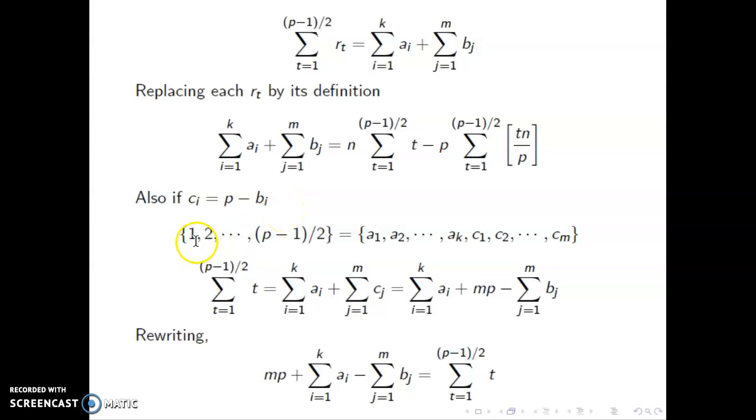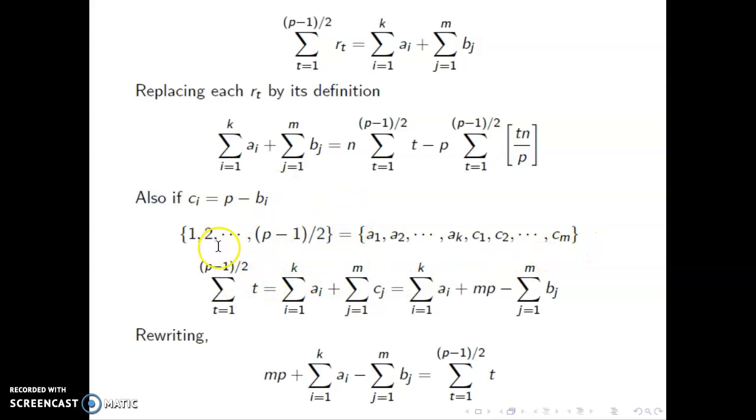And so 1, 2, 3 up to (p-1)/2, we said in the proof of Gauss's theorem, is equal to a_1, a_2 up to a_k and c_1, c_2 up to c_m.